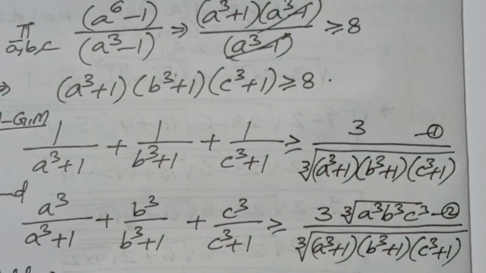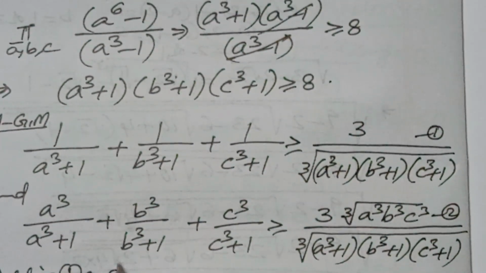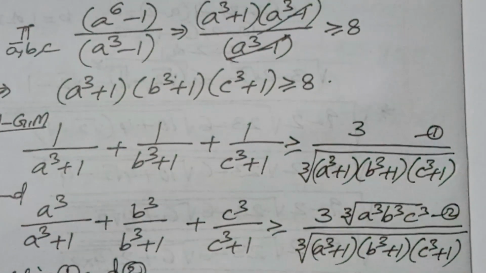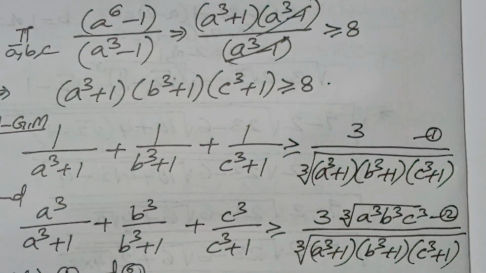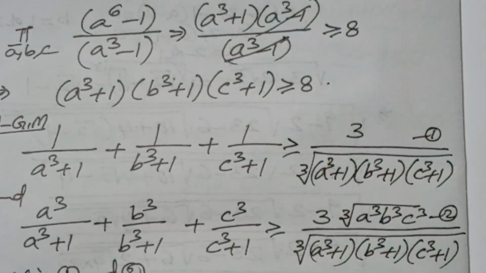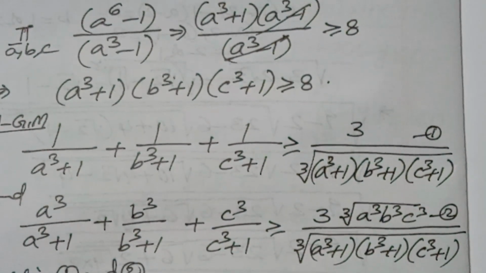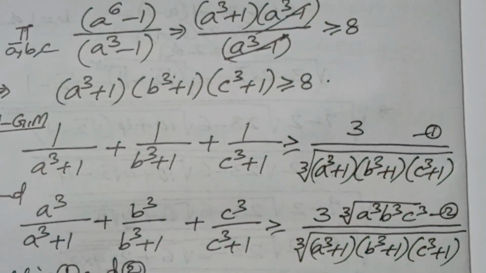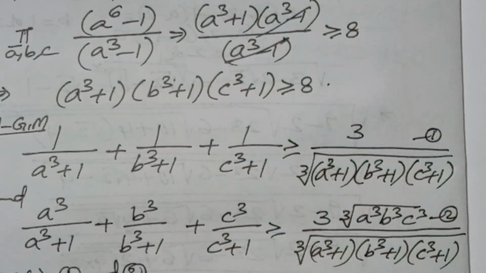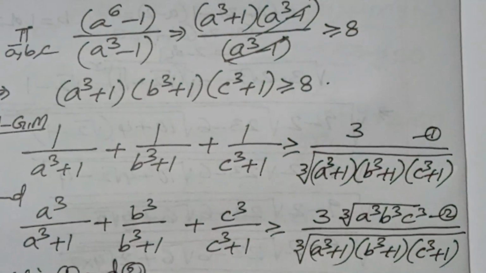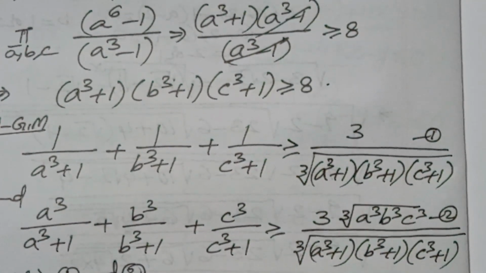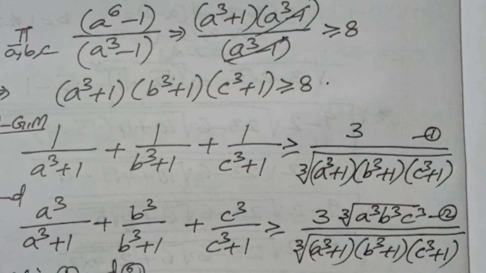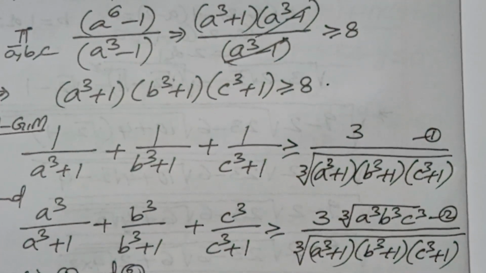Now adding 1 and 2, the left-hand side will be 1 by a cube plus 1 plus a cube by a cube plus 1, 1 by b cube plus 1 plus b cube by b cube plus 1, 1 by c cube plus 1 plus c cube by c cube plus 1.